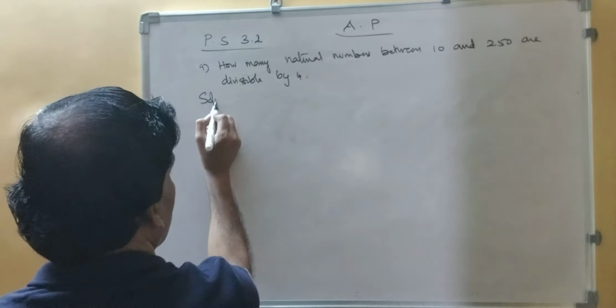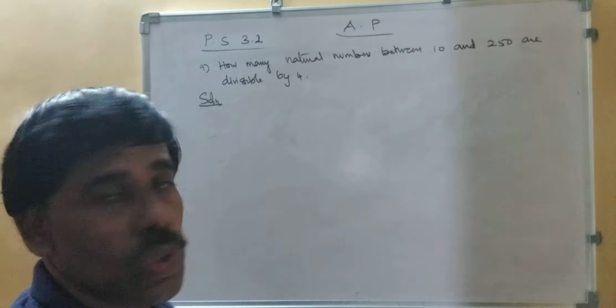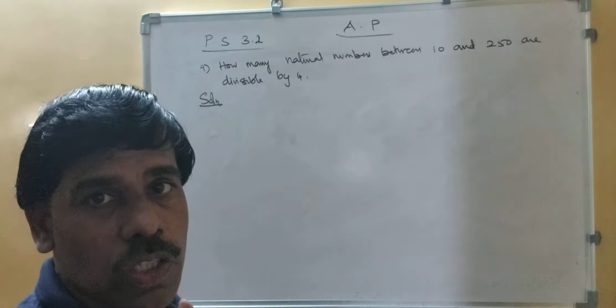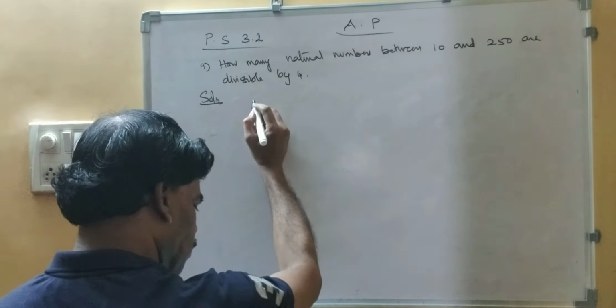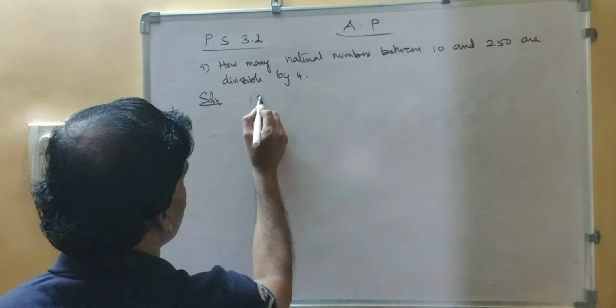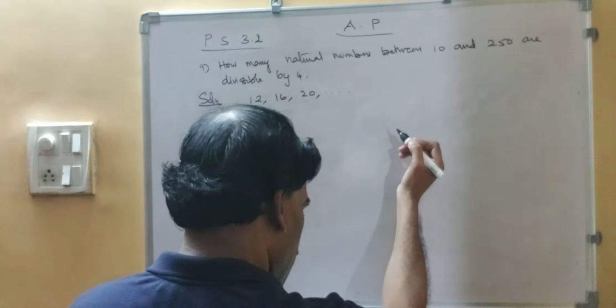Okay, solution. Now between 10 means after 10. So after 10, which is the first number which will be divisible by 4? Tell me. 12, 16, 20, etc. Up to what will be there?